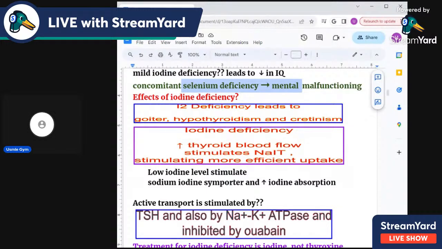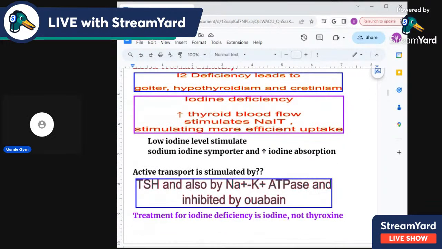What are the effects of iodine deficiency on the thyroid gland? Iodine deficiency leads to goiter formation; it enlarges the thyroid, increases its size, and increases its blood supply and blood flow. It causes hypothyroidism and cretinism. Iodine deficiency also stimulates the sodium iodide symporter so that it stimulates more efficient uptake.